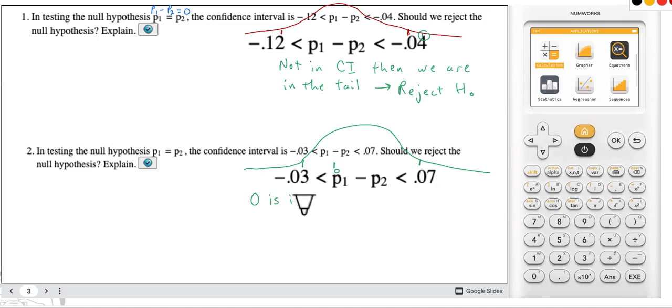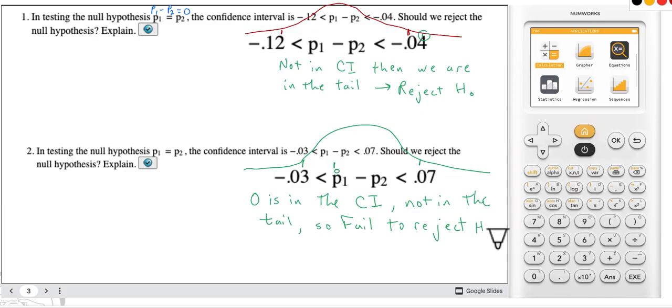So it's not in the tail. So we fail to reject H naught.